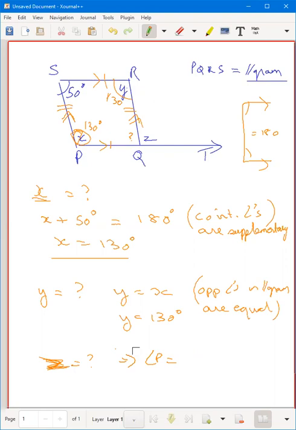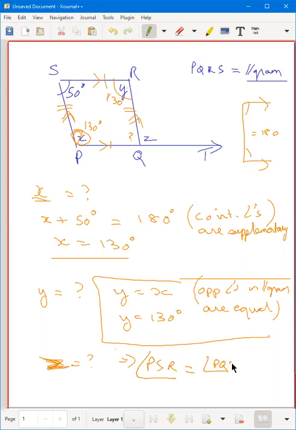Tell me, which property did we use here? Krishna, which property did we use here? Opposite angles in a parallelogram are equal. So angle S will be equal to angle Q, or let me say angle PSR will be equal to angle PQR. So this will become 50.